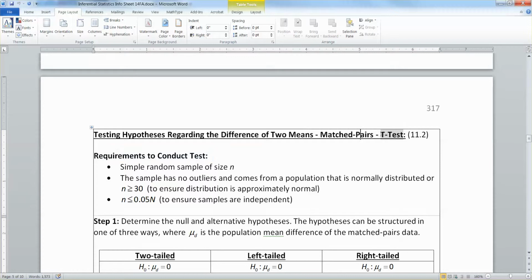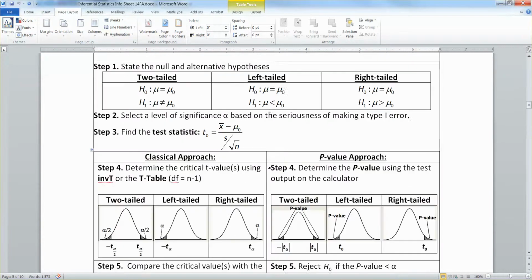On a matched pairs t-test, you have to have a simple random sample of size n. You have to have a normal distribution or n greater than 30, or you have to have n less than or equal to 0.05 capital N, capital N being the population size. These same requirements were required both for a paired t-test and for a regular t-test.